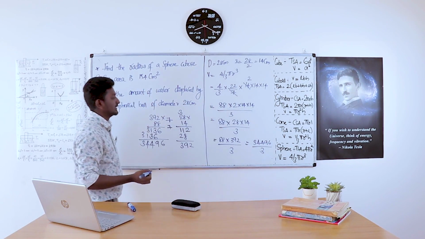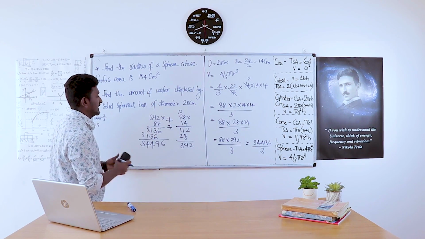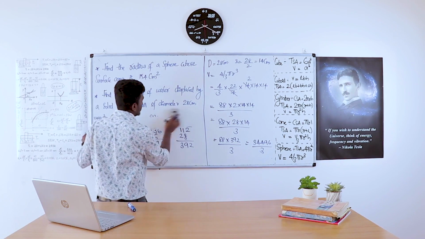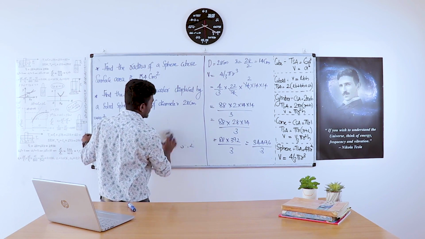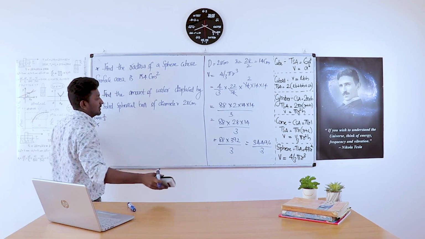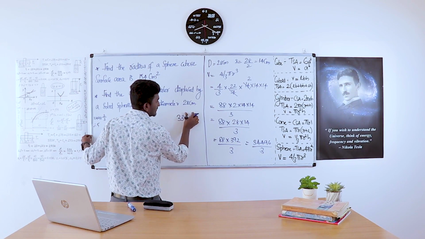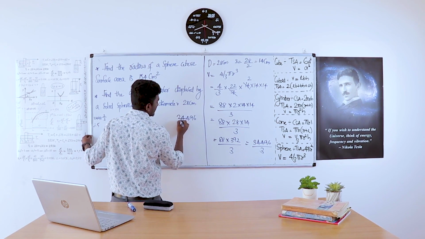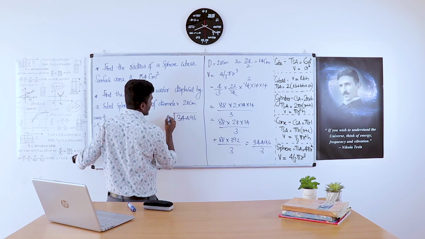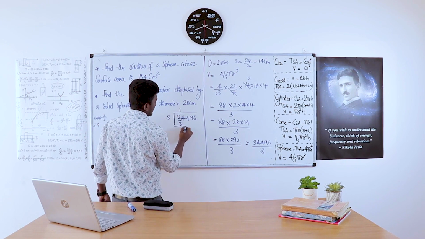That is 34,496 divided by 3. Now we can divide. 34,496 divided by 3. 1 into 3, 3, remainder 0.